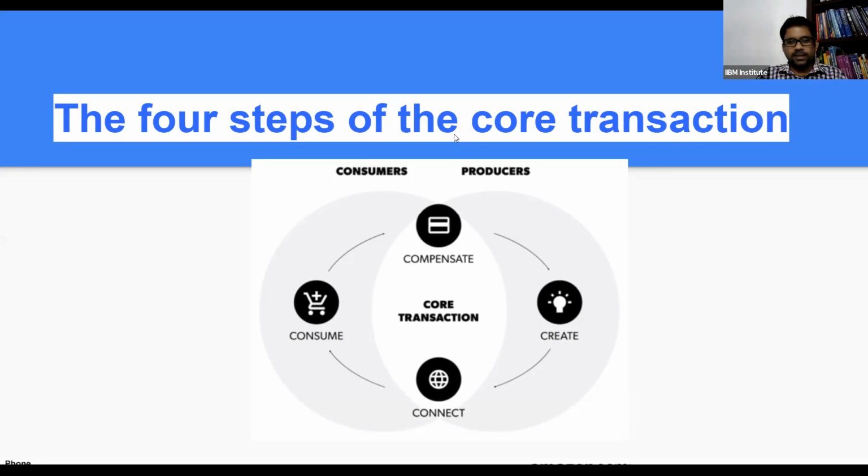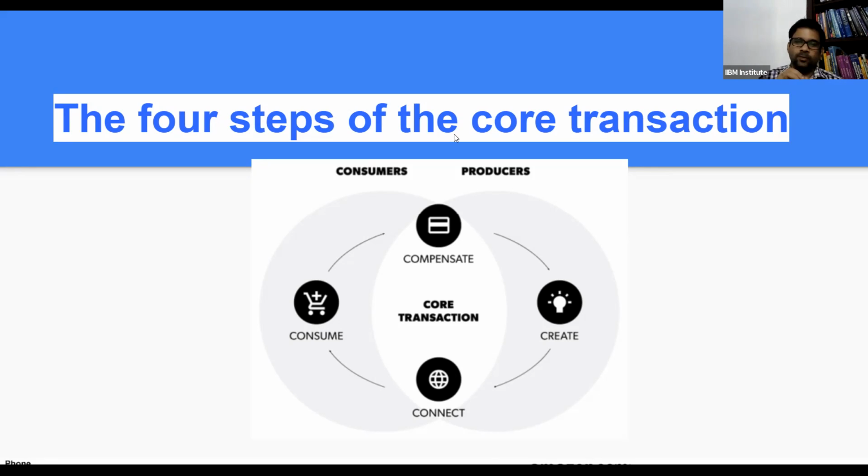Okay, and after that, how can he consume that product or service? He can pay the bills. That means he compensates in monetary terms. He pays the money, and that money is collected by the platform. In the case of Amazon, Amazon will take the money, and just like an escrow account, Amazon will keep that money with them.